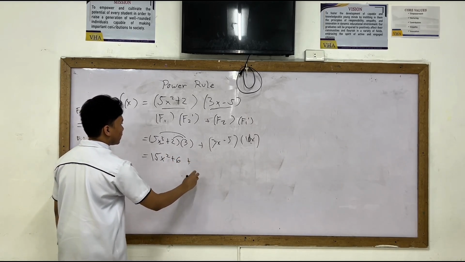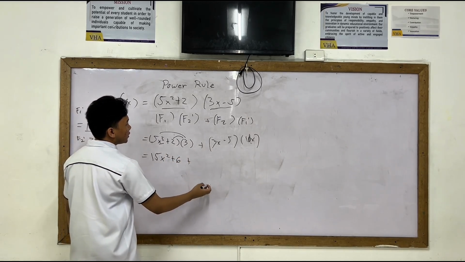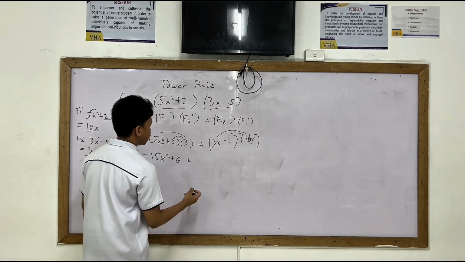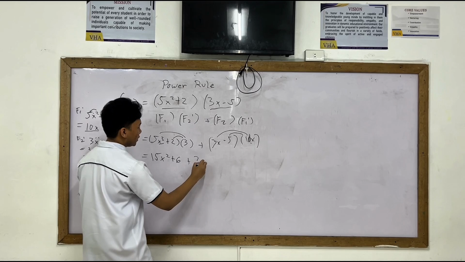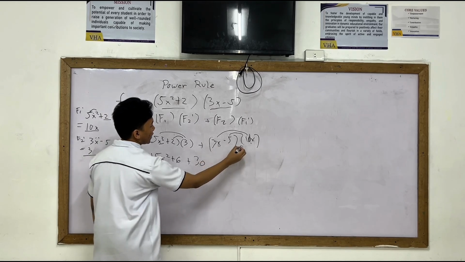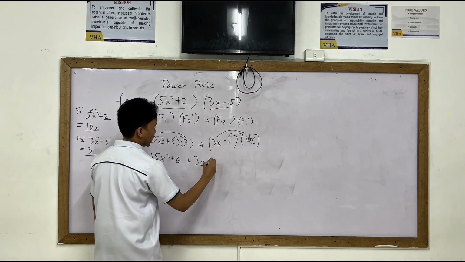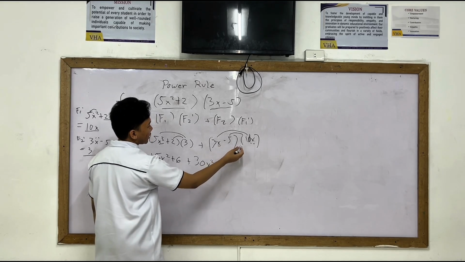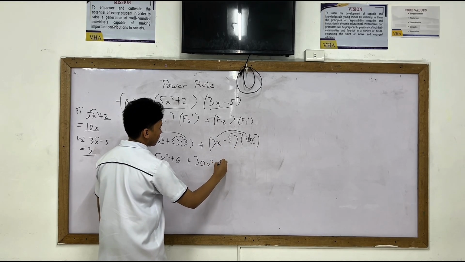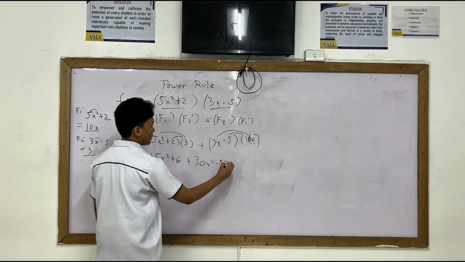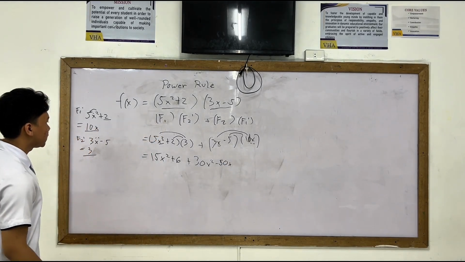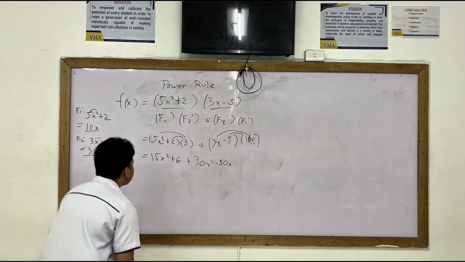Then plus, we multiply this 10x by 3x, so that's 30. Both have x, so we will have x squared. Minus 5 times 10x is 50x. So let's add them together.